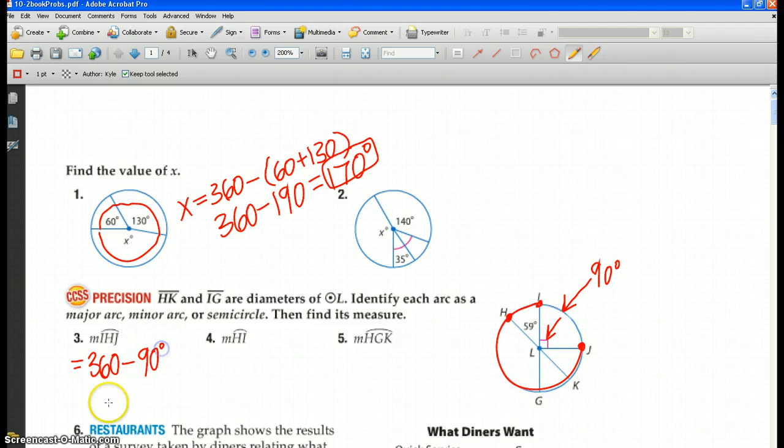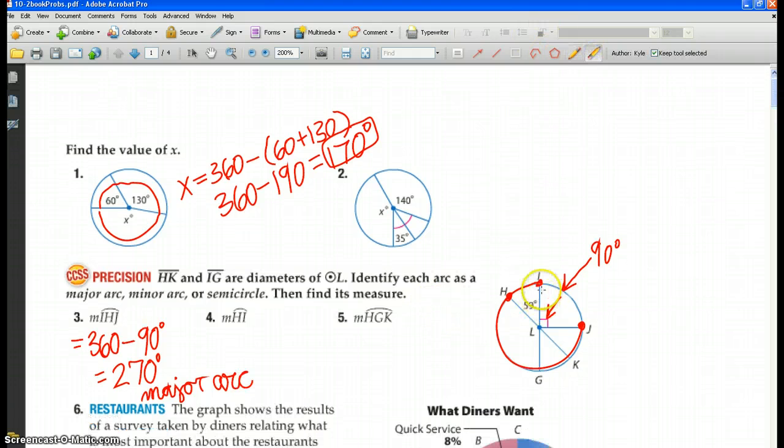So minus 90, which gives us 270 degrees. 270 is greater than 180, so this would be a major arc.